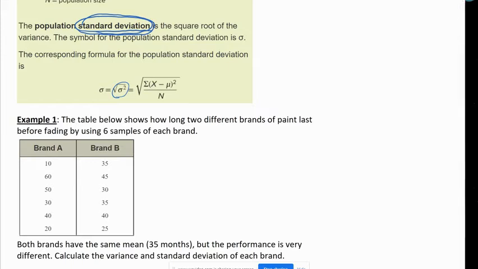Okay, but keep in mind, when you do this on a test for a small data set like this, I would ask you to show all the steps of calculating the standard deviation and the variance by hand. So that's what I'm going to demonstrate here. And maybe on a problem that had a larger data set with 20 items or something like that, then I would have you do that with a spreadsheet or a calculator.